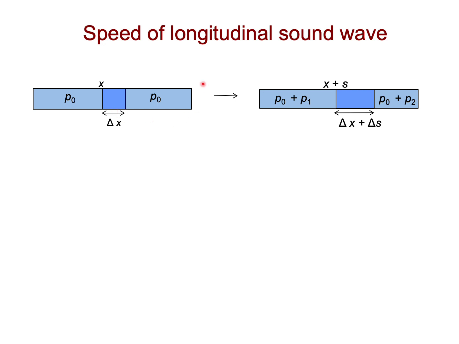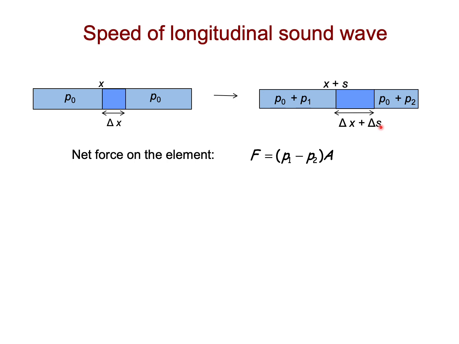So as you recall, the pressure on either side of the parcel due to the wave is imbalanced now. On the left it's P0 plus P1, and on the right it's P0 plus P2. The parcel has shifted by some displacement, and the length of the parcel is now delta x plus delta s. So what is the net force on this parcel? We are again going to basically set up F equals ma.